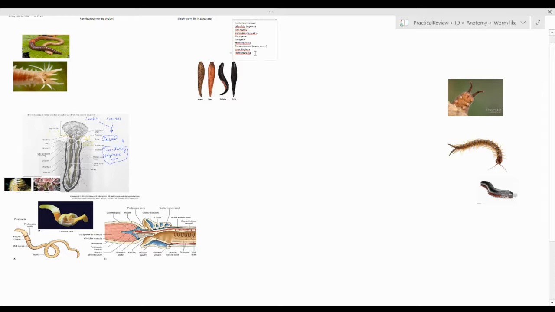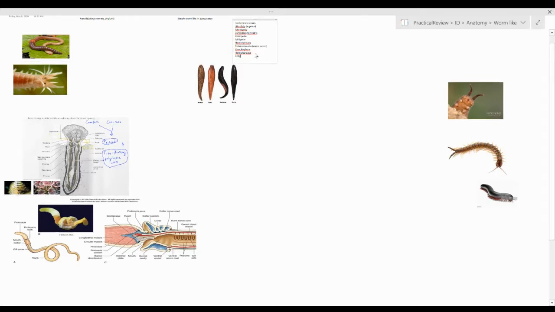Let me add ecdysozoa. And another one. I'm saying it because I know you can't see it. Arthropoda. Ooh, and I forgot one. Nereis and Polychaeta.